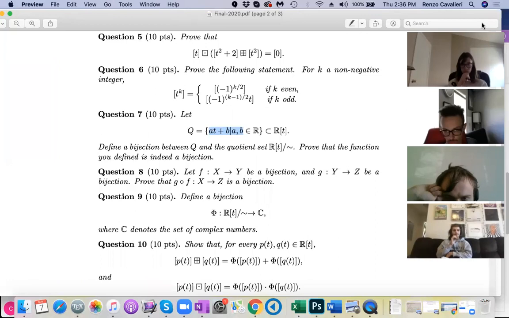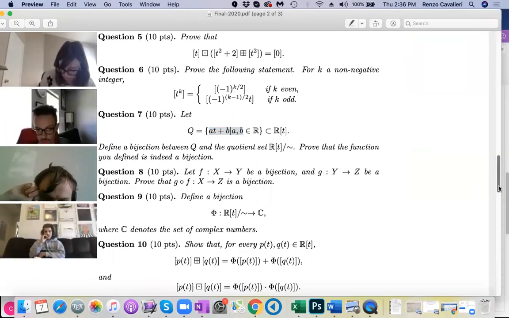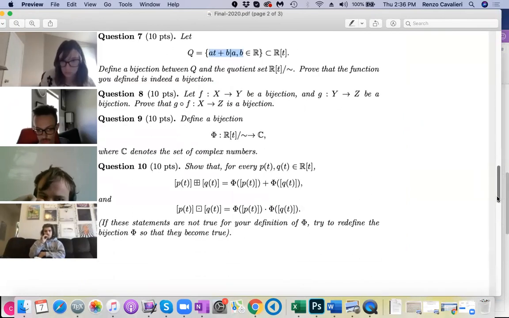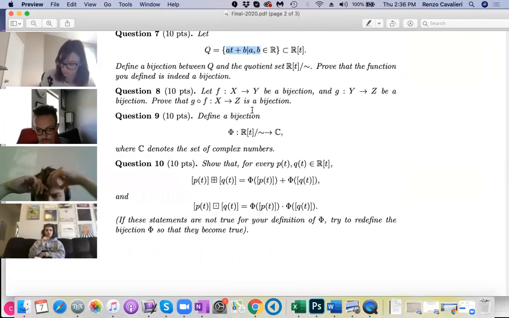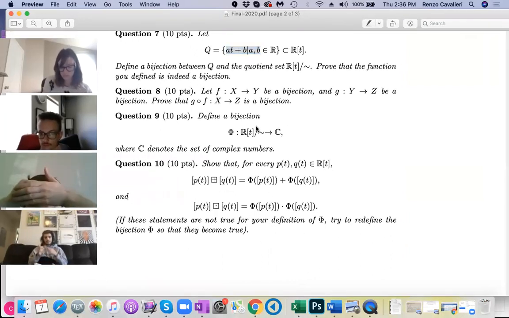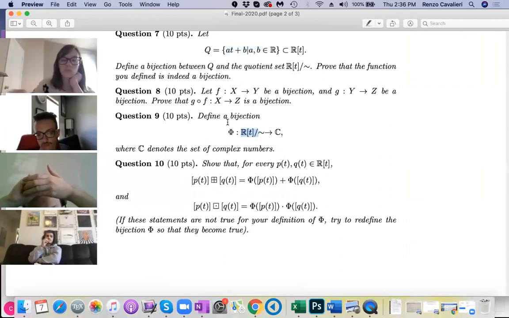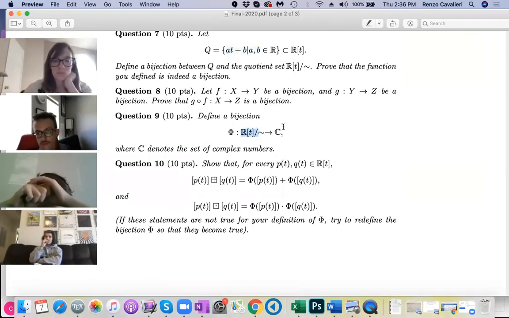And finally, hopefully question 10 will also be not too confusing. What this is saying is, I have a bijection that for each of these elements in this quotient set associates a complex number.